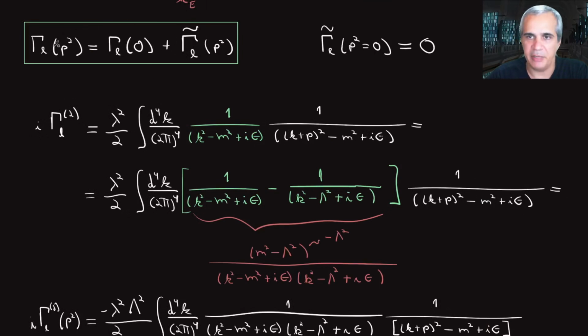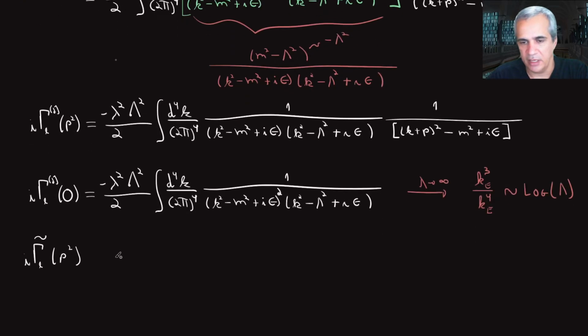I just pass this guy to the other side, and I get that this is equal to i times gamma L of p squared minus gamma L of 0. And that's easy to do. I just have to subtract these two expressions up here.